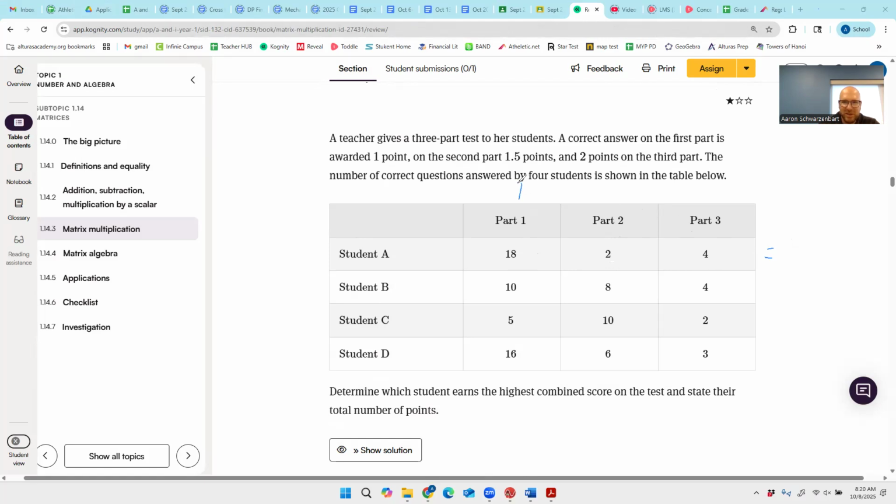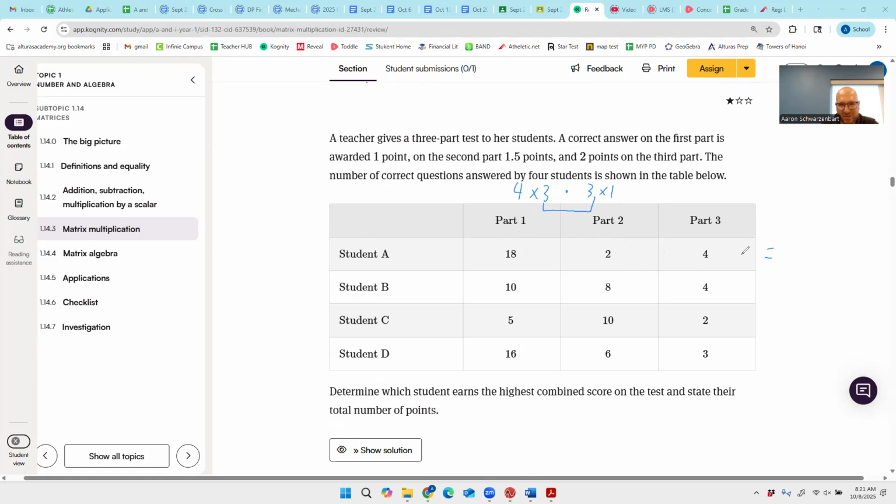And this is a 4 by 3. I would need to multiply by a 3 by 1. One of the keys to matrix multiplication is that these inside ones match, and your result will be a 4 by 1.